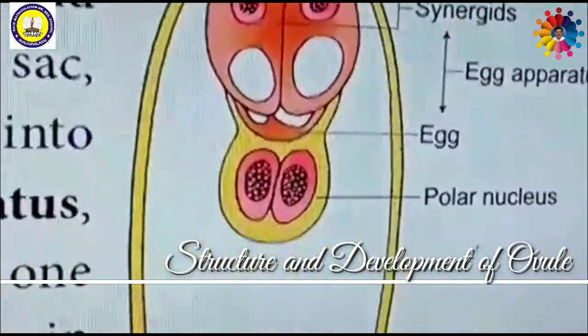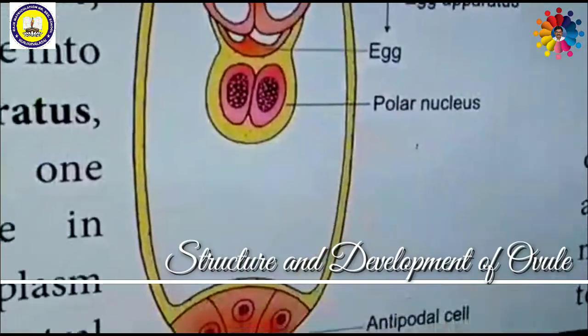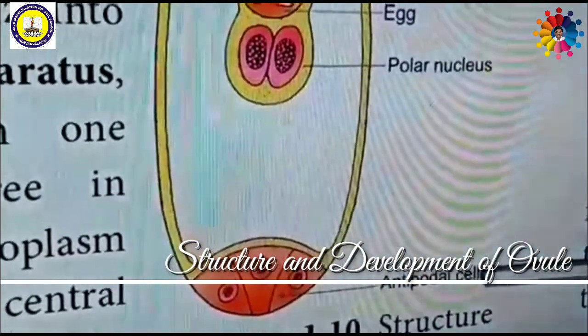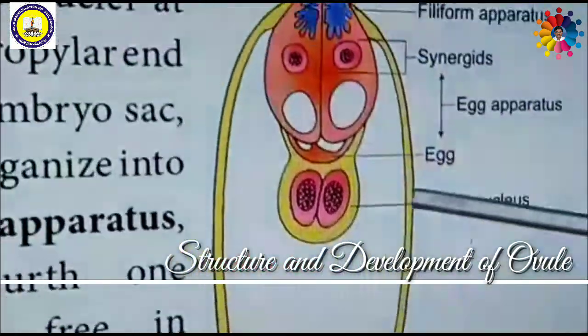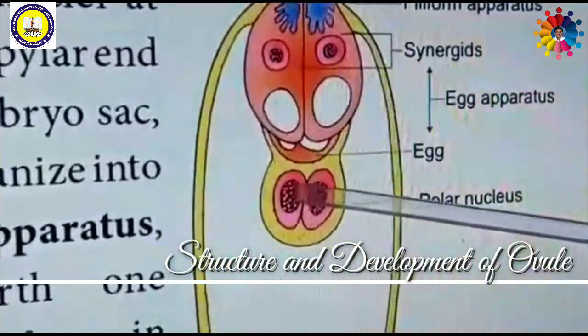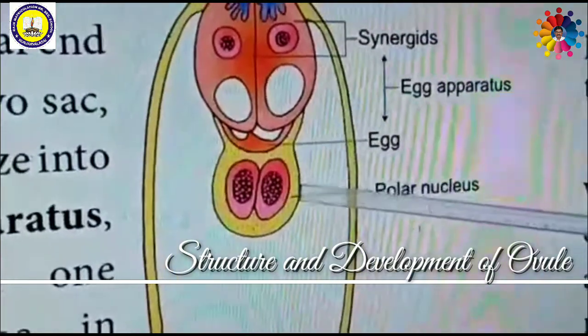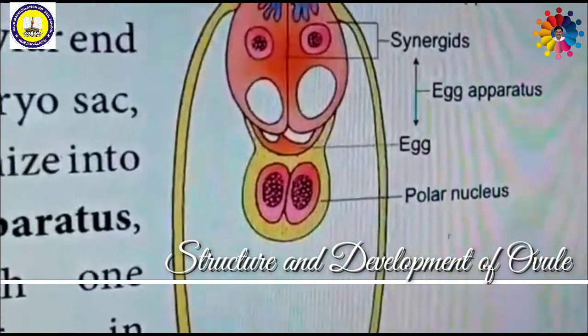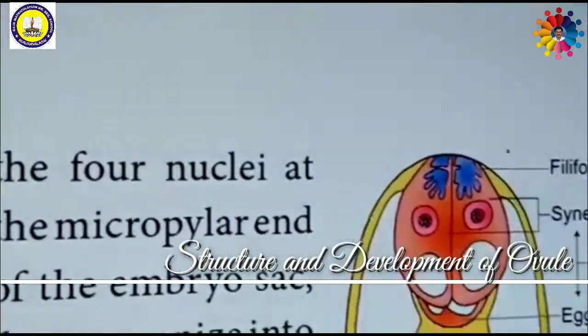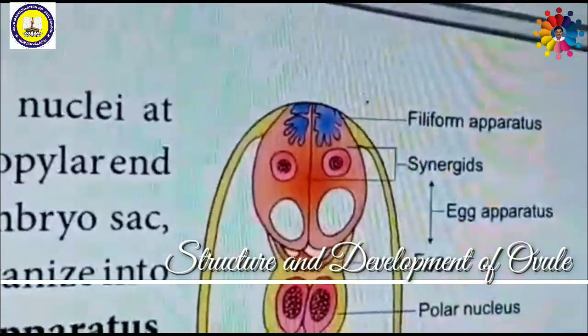In the opposite end, this is the chalaza end. There are two other cells there. These are called antipodal cells. The central polar nuclei are there. This is the secondary nucleus. These take part in the fertilization, that is double fertilization. As I said just now, in the male gametophyte, the pollen tube produces two male gametes.